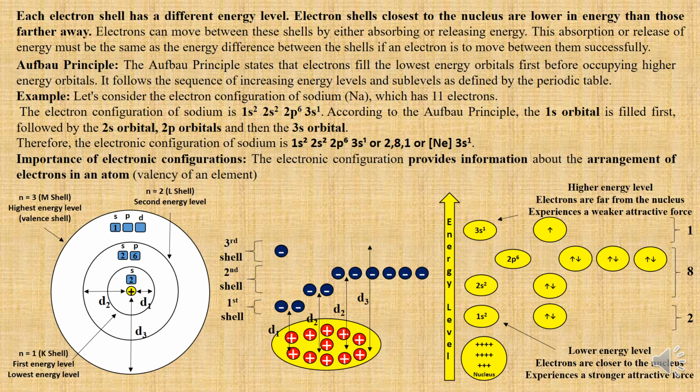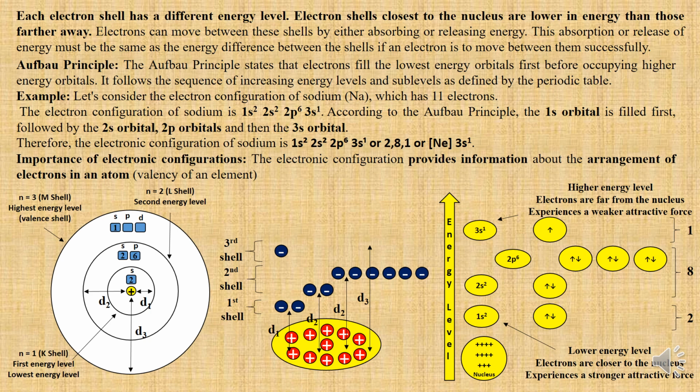While the electrons present in the third shell are far from the nucleus and as a result experience a weaker attractive force towards the positively charged protons present in the nucleus. Therefore, they are at a higher energy level.